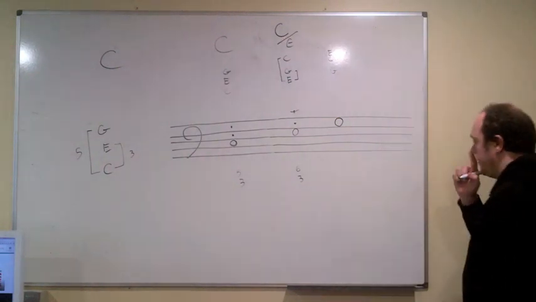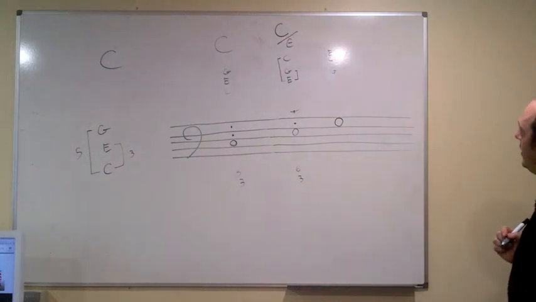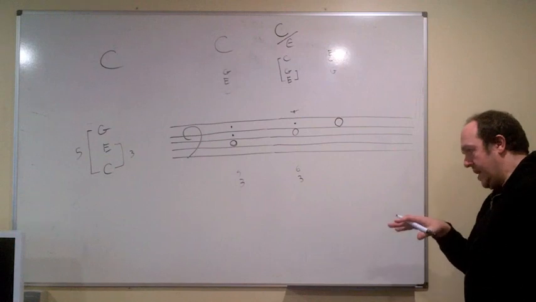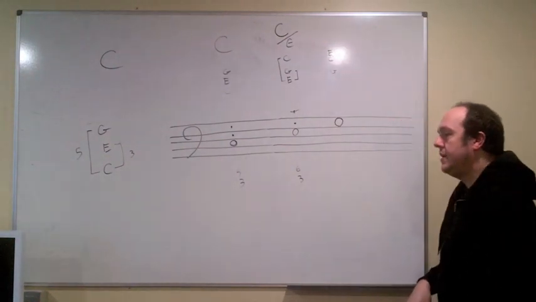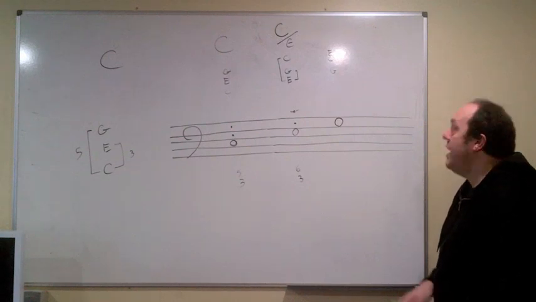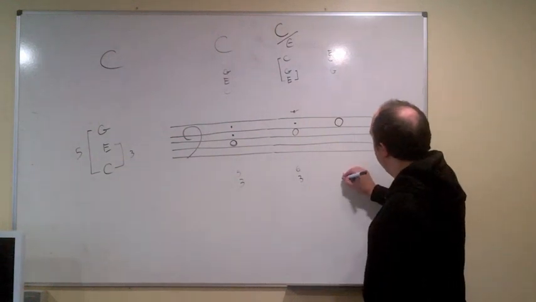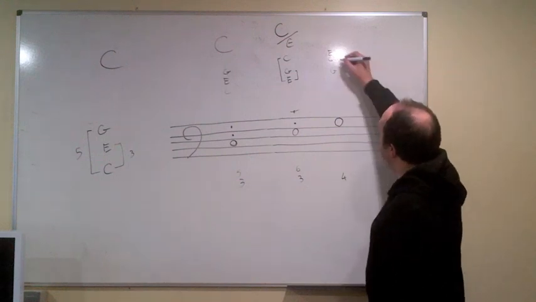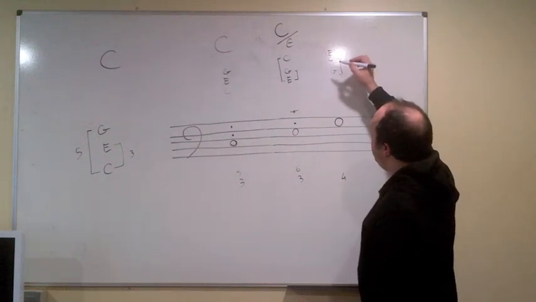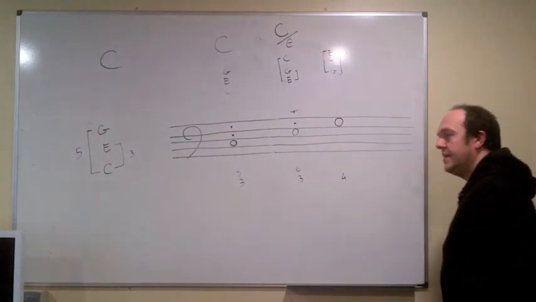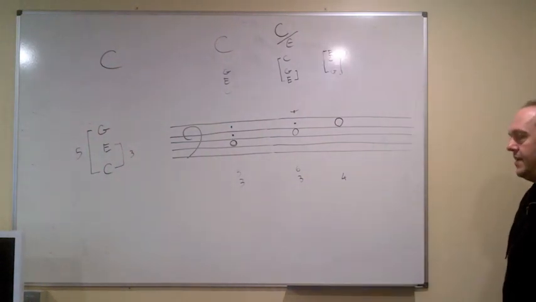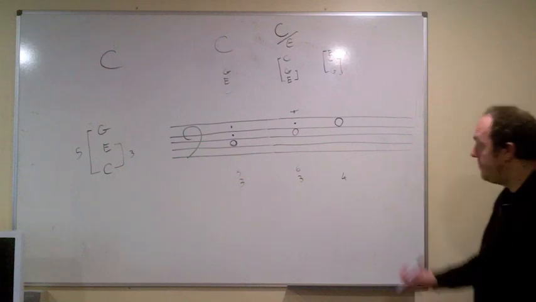Now, what's the interval, just the number, between the G and the C? It's a fourth. Exactly. And what's the interval between the G and the E? 6.